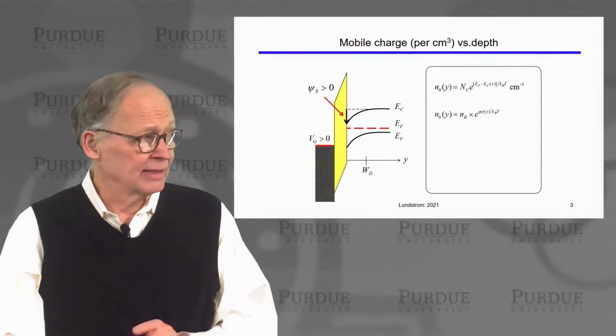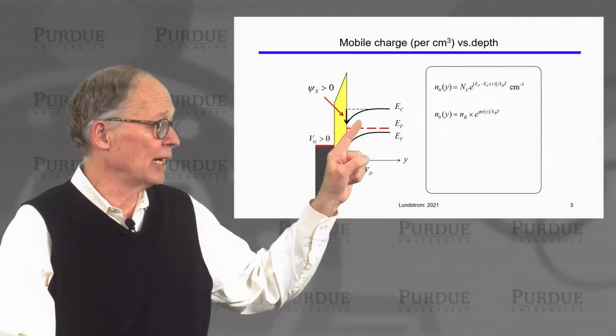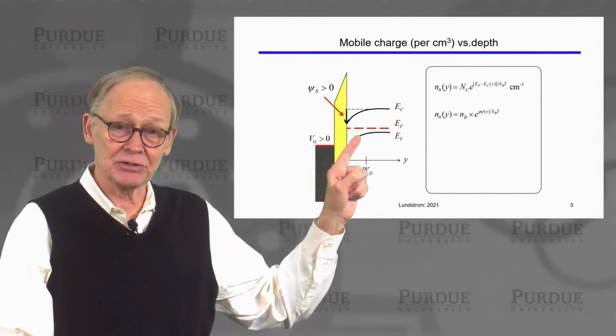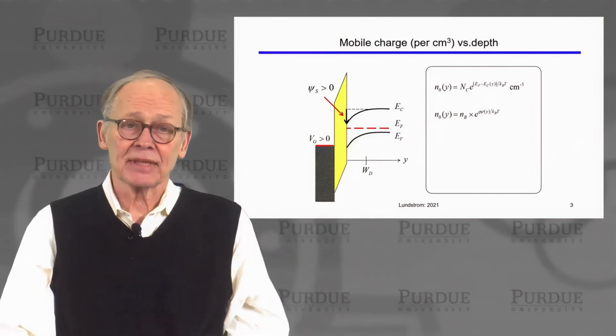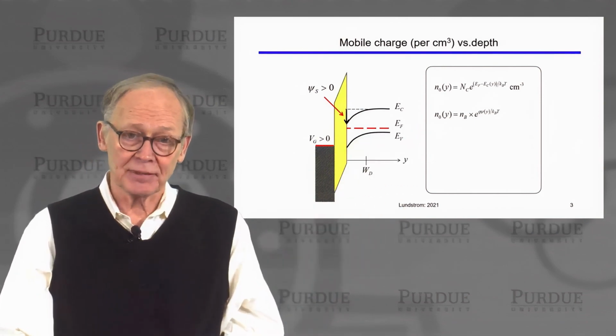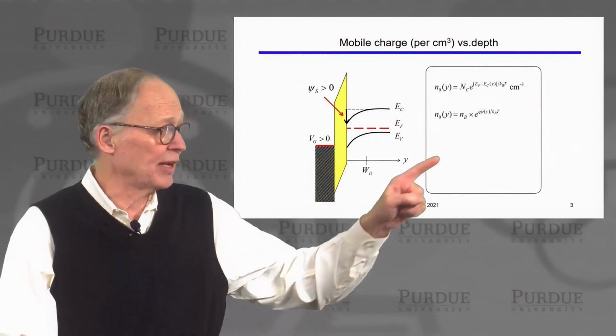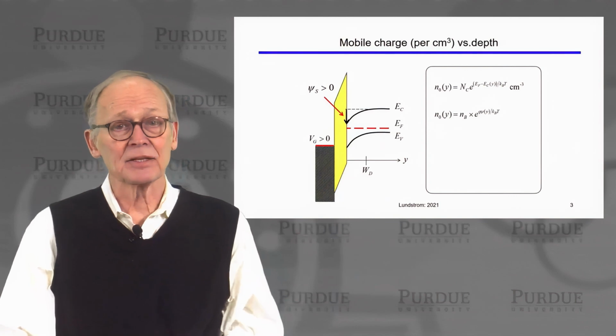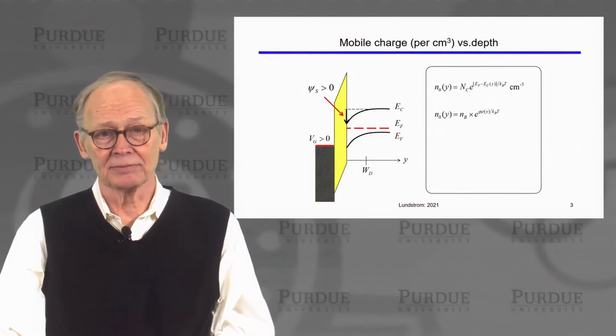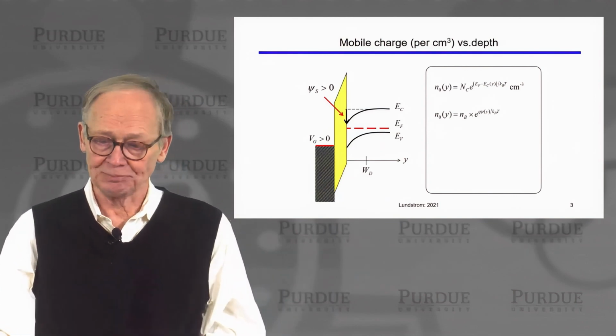Now, as the conduction band moves down, that tells us that the potential is moving up. So we can see that the electron density versus position is its value in the bulk, where the potential is 0, times e to the q potential over kT at the location y.